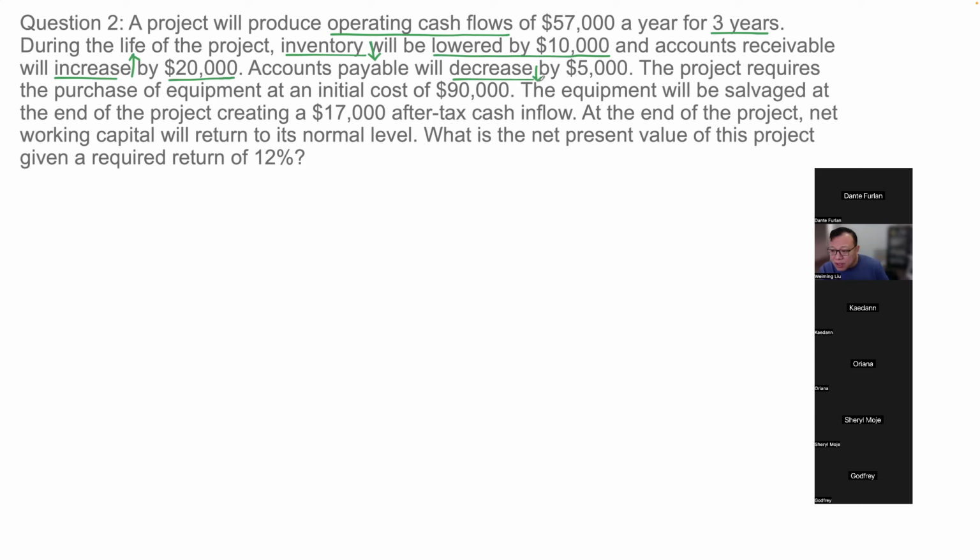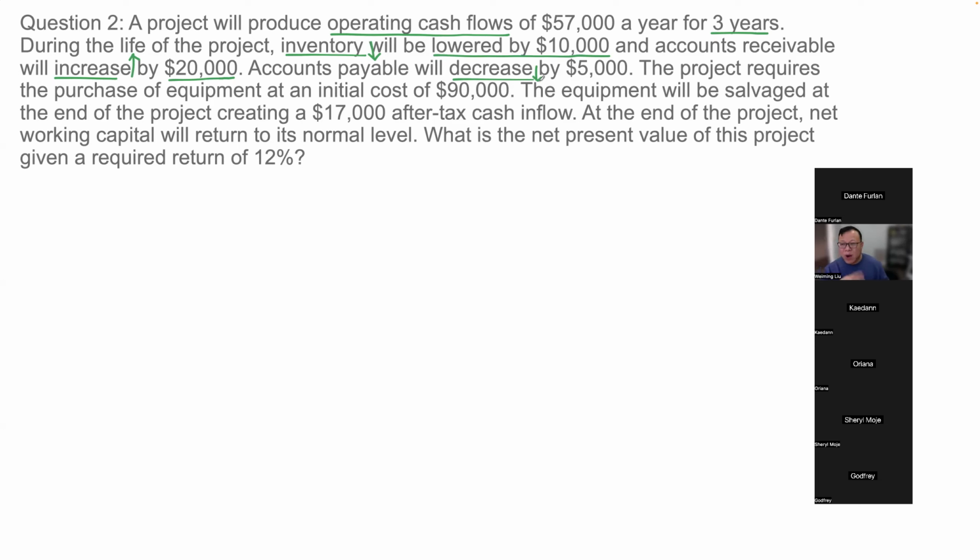So what happens is, when you have a project, to sustain it you probably need a higher level of working capital. That project may help you reduce the inventory and reduce the payable, but at the same time your accounts receivable increased.